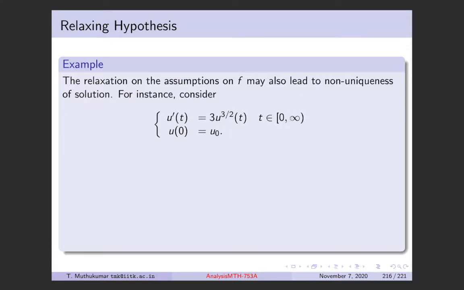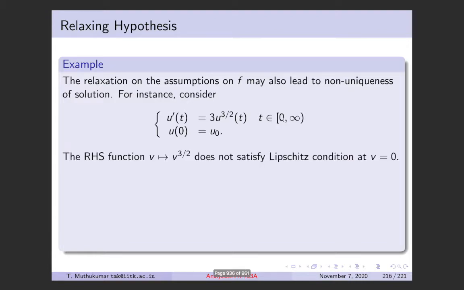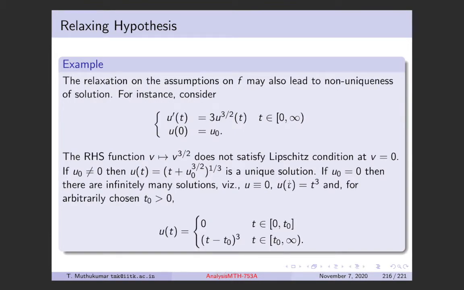In the positive domain, you take this IVP, then this is not Lipschitz at 0. Now whenever the initial value is not 0, you have this as a unique solution. You can verify that this is a unique solution to this problem whenever u naught is not 0. But whenever u naught is 0, then you actually have infinitely many solutions to this problem.